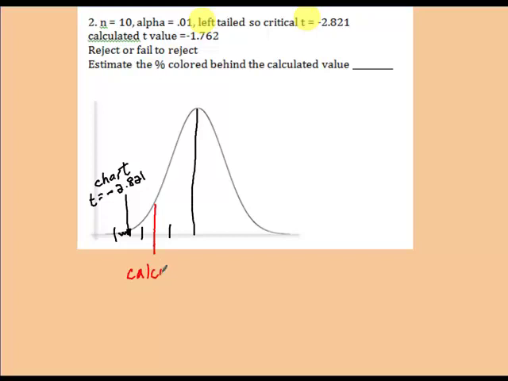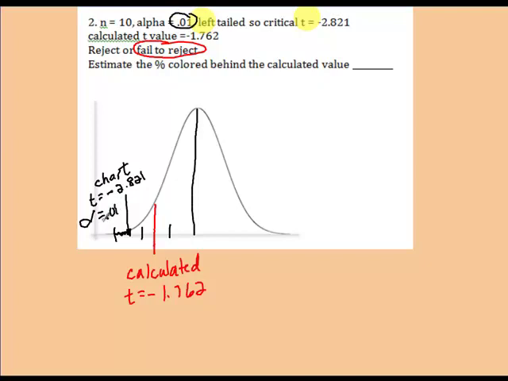So my calculated value, you can see that that's going to be in the fail to reject region. And then if I have to answer the last question, estimate the percent behind the calculated value, I've got to use the percent behind the critical value, the chart value, first. In this one, alpha was given to be 1%.